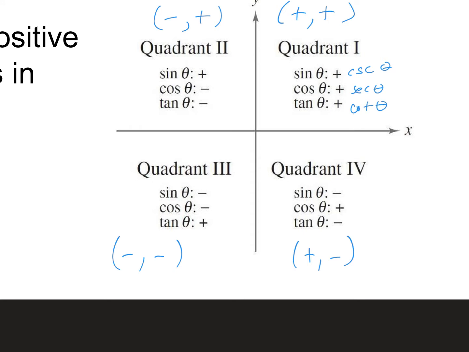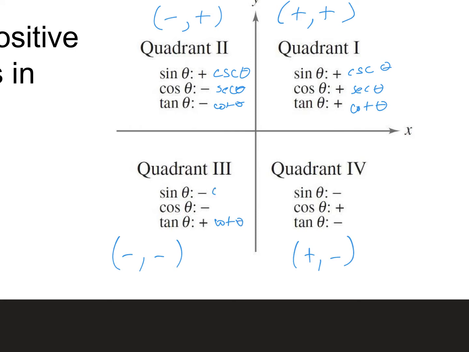Everybody see that? In quadrant 2, sine and cosecant are positive, and the rest of them are what? Negative. So cosine and secant are negative. Tangent and cotangent are negative. In quadrant 3, what's positive? Tangent and cotangent.